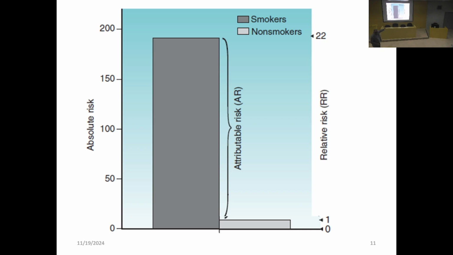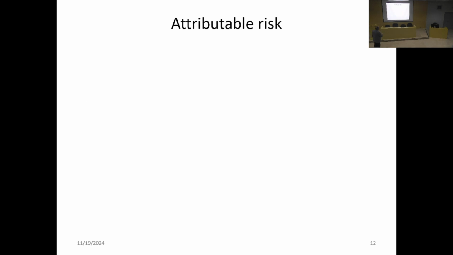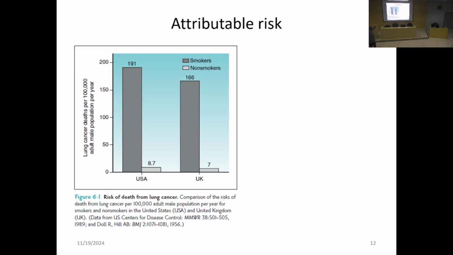Can we use numbers? Okay, I'll use numbers. These are numbers. You have two countries, the USA and the UK. You have the smokers and the non-smokers, and you are measuring the lung cancer incidence. In the USA, the incidence among smokers is 191 per 100,000, and among non-smokers it is 8.7 per 100,000.